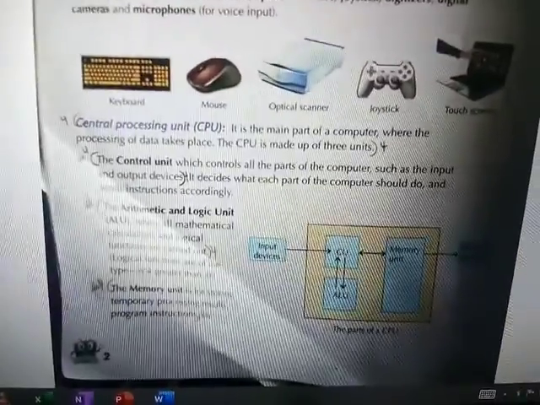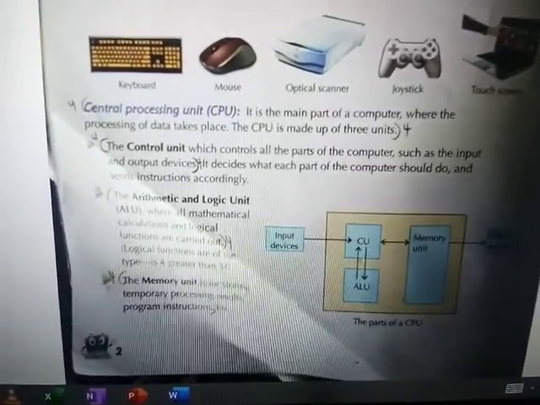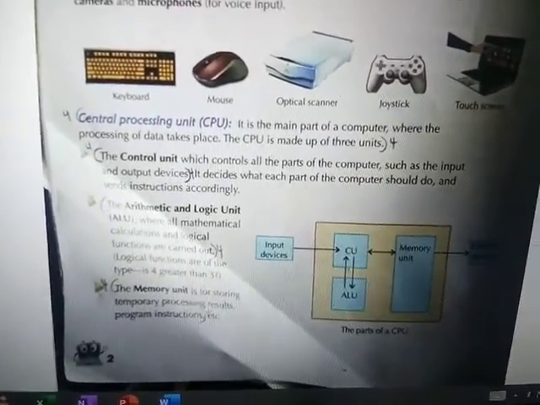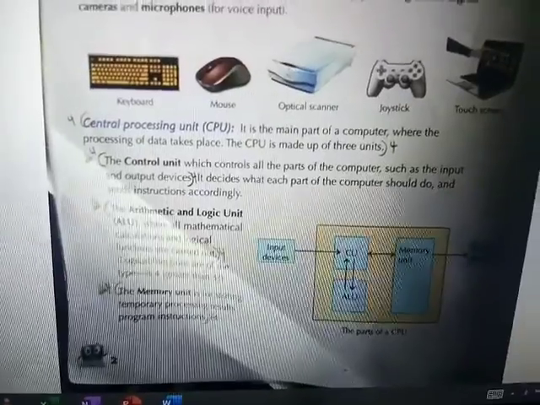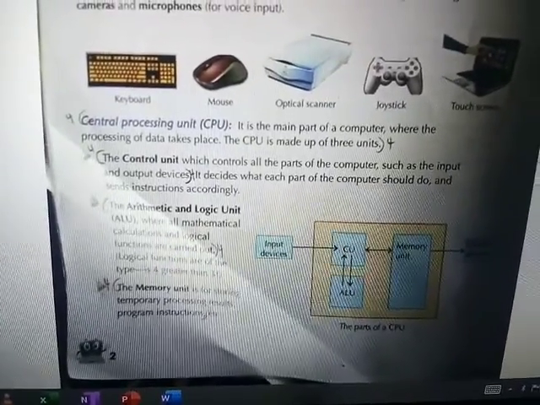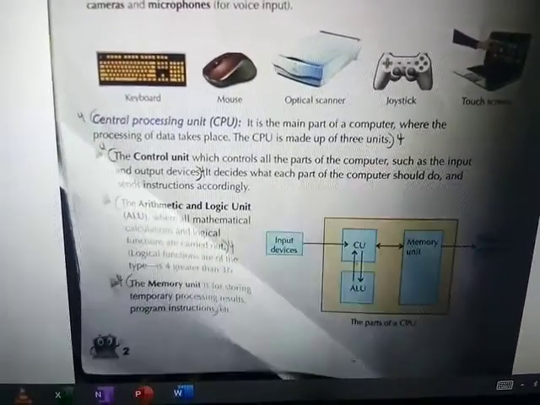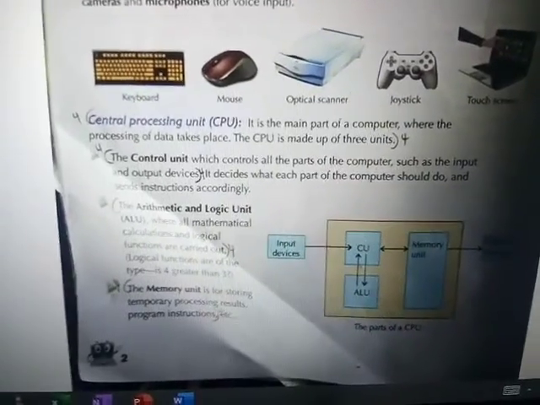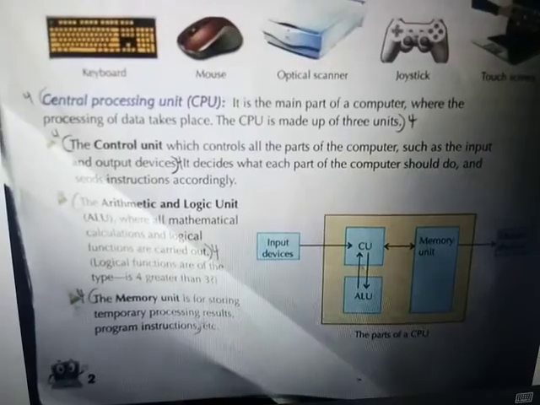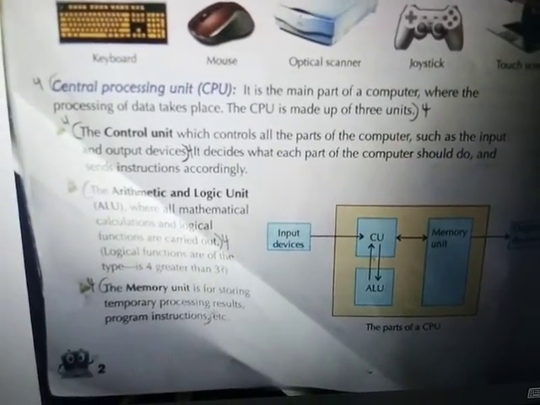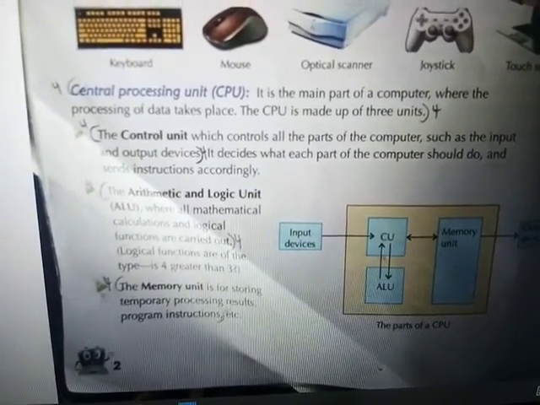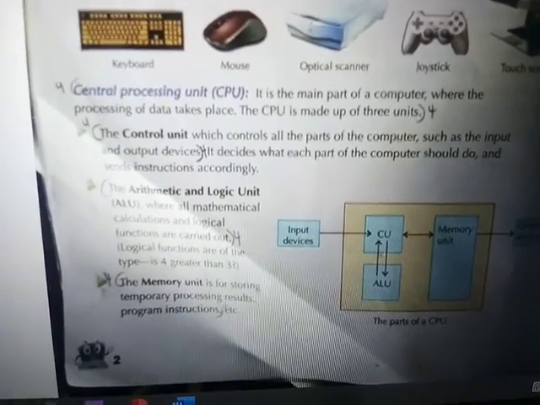The big box below the computer, that is the CPU. You can touch it, right? Yeah, so it is hardware. What are the main parts of a CPU? We'll see. A CPU consists of three main parts: the control unit, the arithmetic logical unit, and the memory unit.